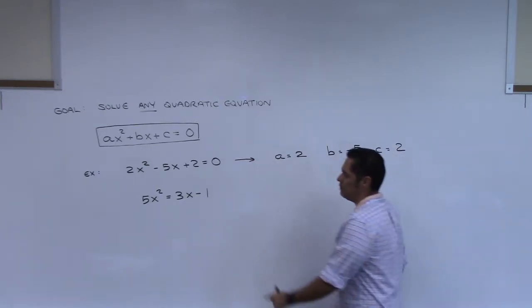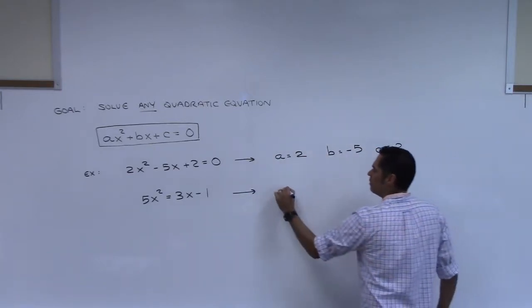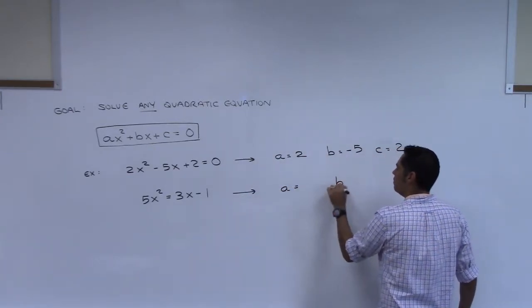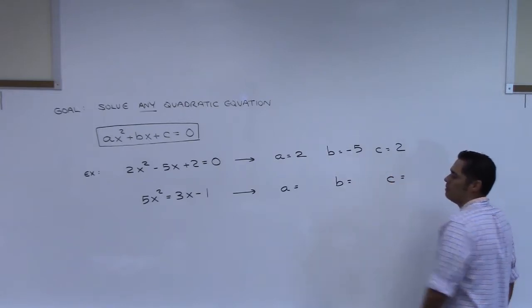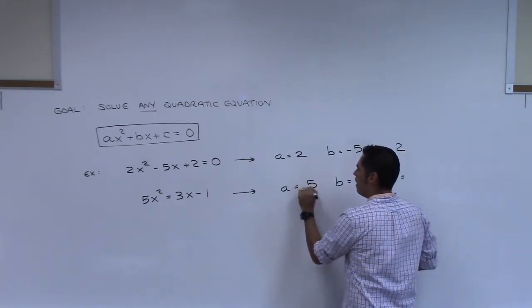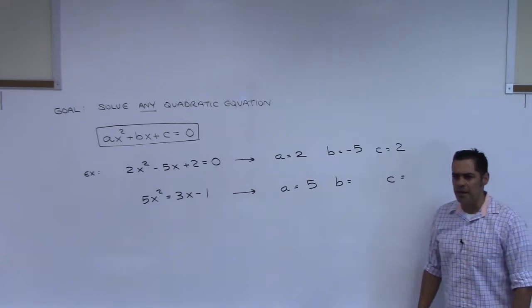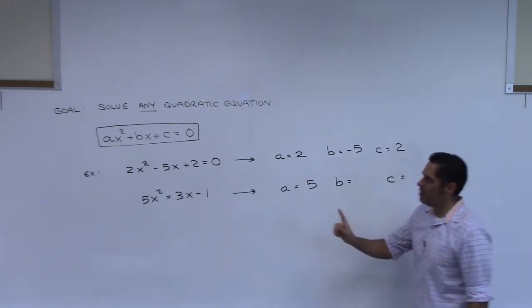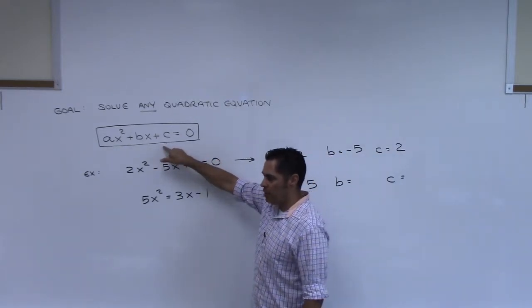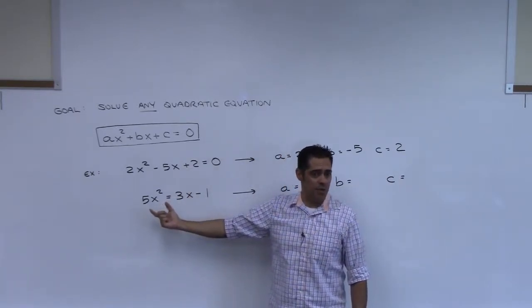All right, what about this one? Can you identify A, B, and C here? And you have to be careful. So 5 is in front of x squared. Y'all agree with that? Okay, but what about B? It's not 3, it's -3, and the reason is because it has to look like this first. So we'd have to move the stuff over to one side first.